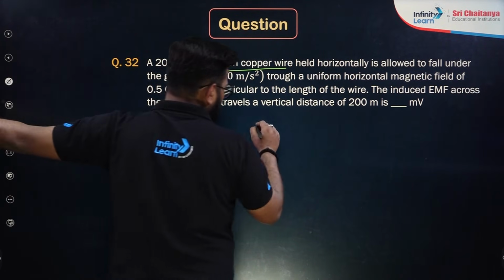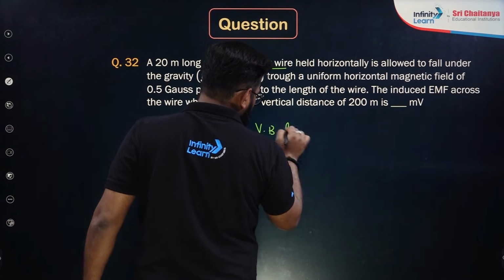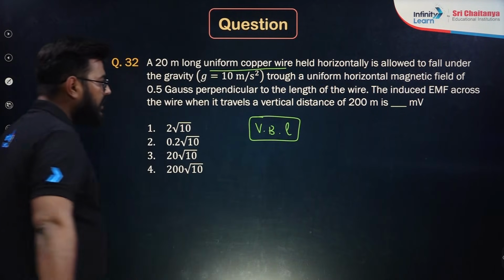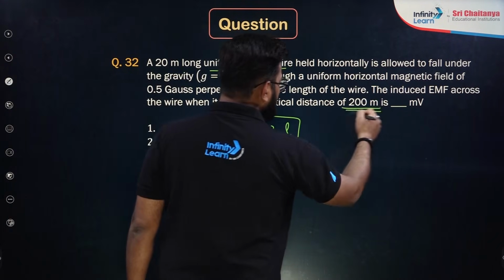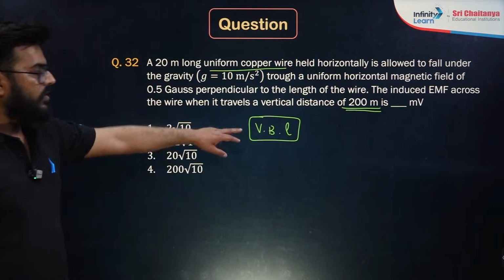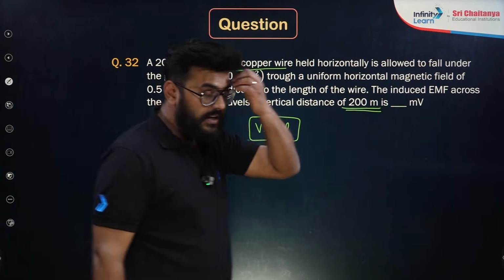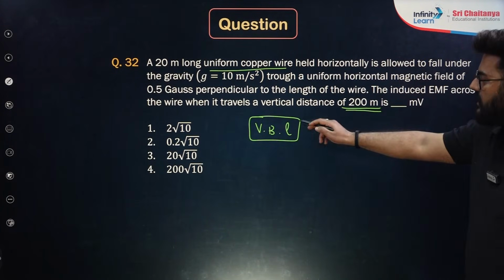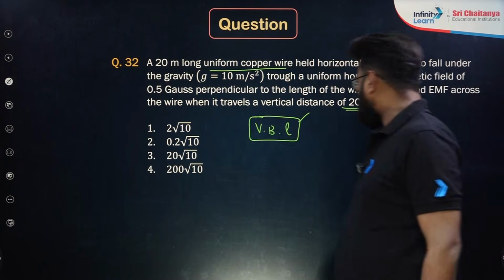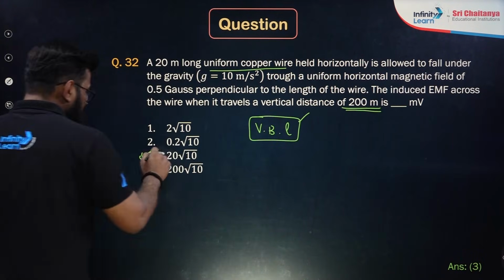So the induced EMF will be V cross B dot L, right? Now when it is moving down a distance of 200 meter, what is going to be the velocity? That will be equal to root 2 g h. So you can calculate the value of velocity, the magnetic field is already given, the length is already given, you can very easily find the answer over here, which is going to be option number 3.